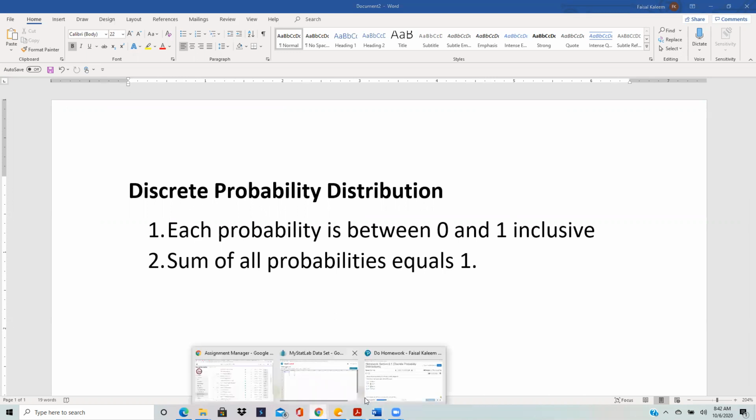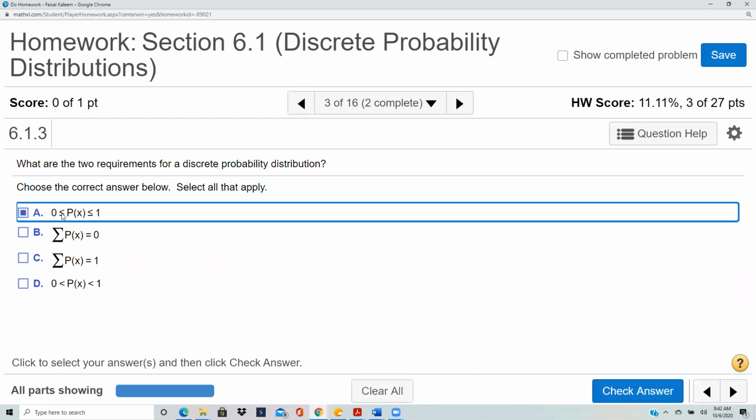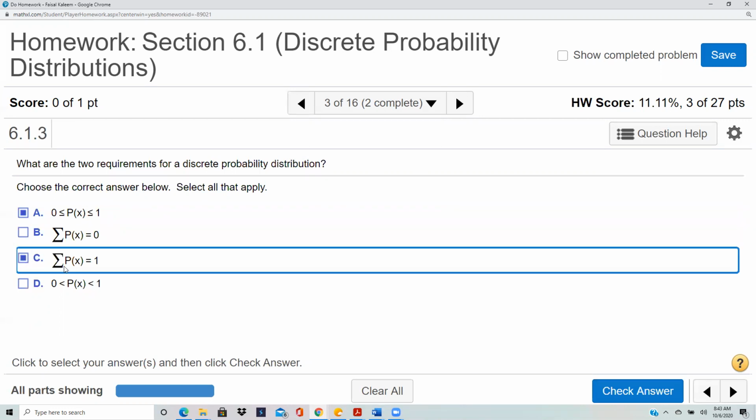So let's go back. This one says each probability is between 0 and 1 inclusive. So note that it's not D because D is not including the 0 and the 1, but the 0 and the 1 could also be probabilities. So A is the right choice. And then the sum of probabilities has to be 1, and that's this one because you know that this is a summation symbol.